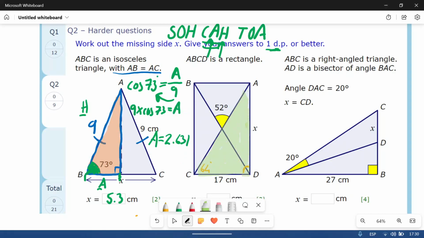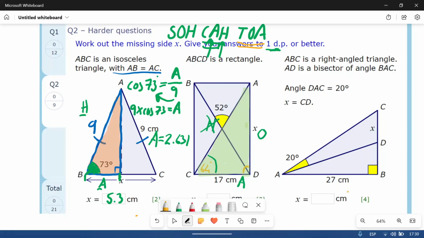And in this right angle triangle, we have an angle, and right next to the angle is the adjacent side, and right opposite the angle is the opposite side. The hypotenuse, the third one there, we don't have it, we don't want to know it. So we're working with the O and the A, meaning this time we're using TOA.